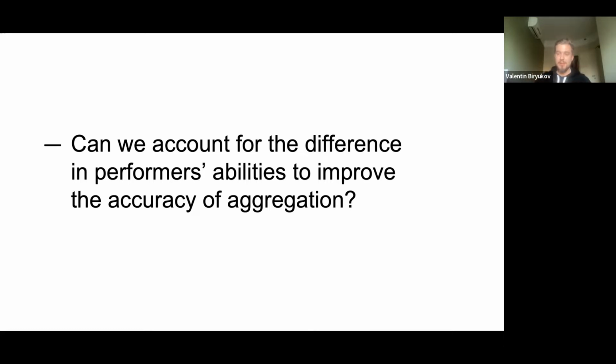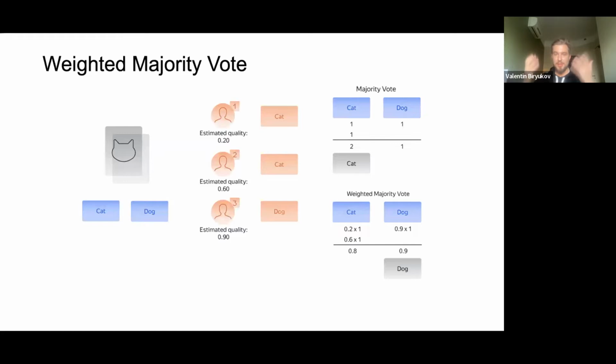So classically, they may use something like golden set values or ground truth items to estimate their probability of providing a correct answer. Using this approach, like the point-wise estimation of the skill or probability of a correct answer, they may also use this value as the weight in aggregation.